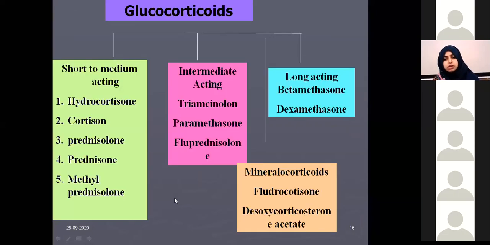Now let's talk about the synthetic or exogenous glucocorticoids. They can be divided into short acting, intermediate acting, and long acting. The short acting ones include hydrocortisone, cortisol, prednisolone, prednisone, and methylprednisolone, and intermediate acting includes triamcinolone, paramethasone, and others.